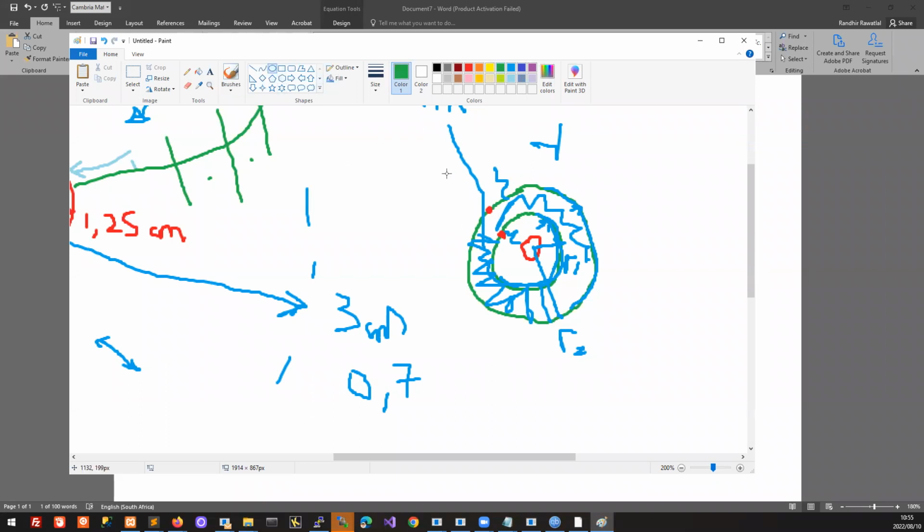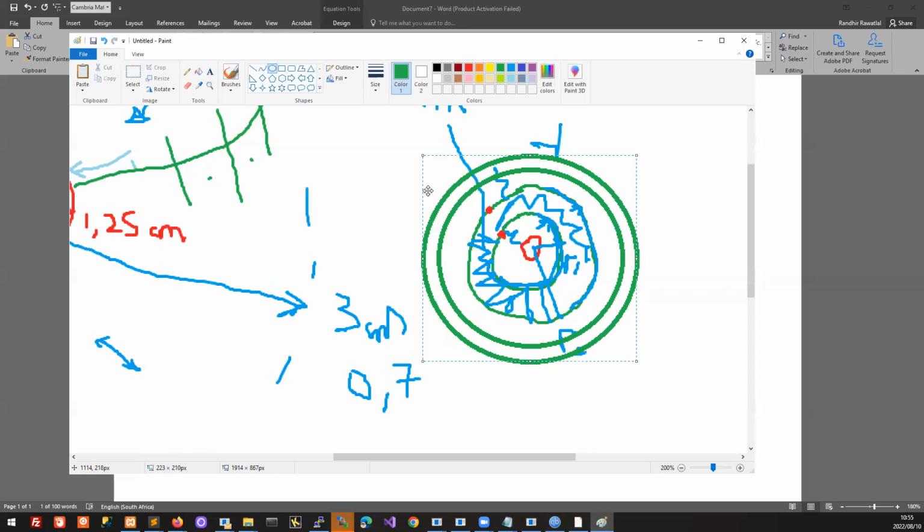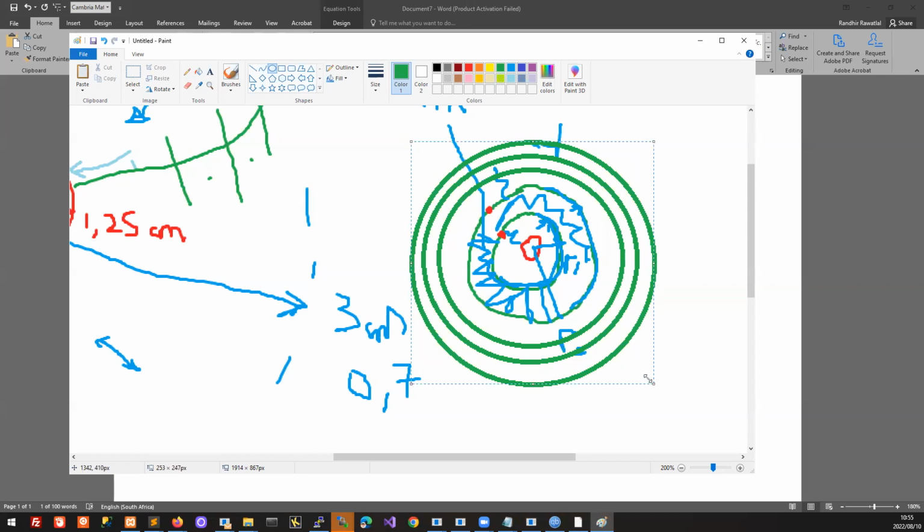Right, let's do this a bit better. So we take one here, then we can take another one here. And so we can take as many radial positions as we want.